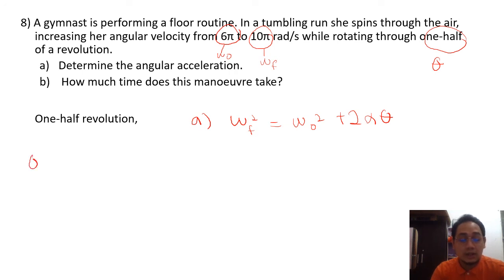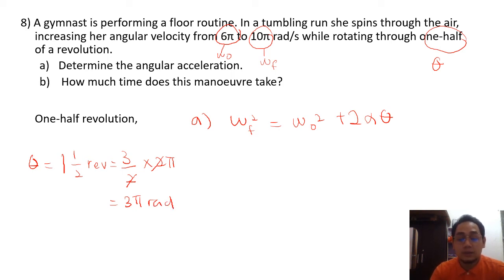Theta is equal to 1.5 rev, so equal to 3/2 times 2π. So you will get 3π radian. So this is the value of theta.